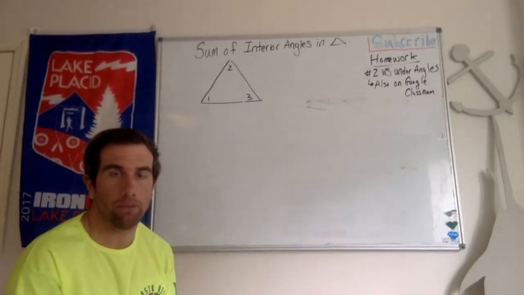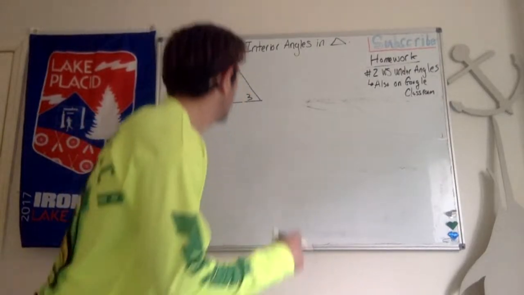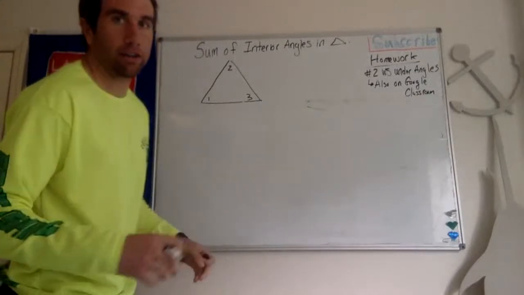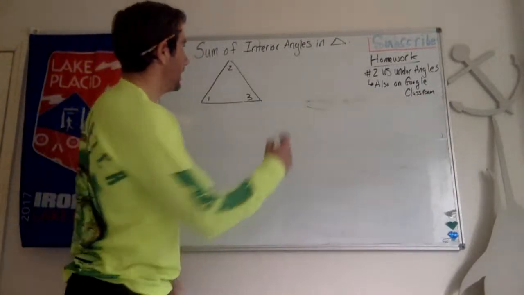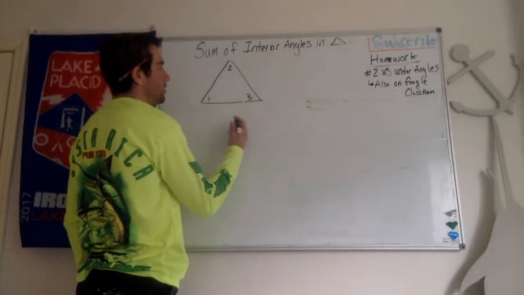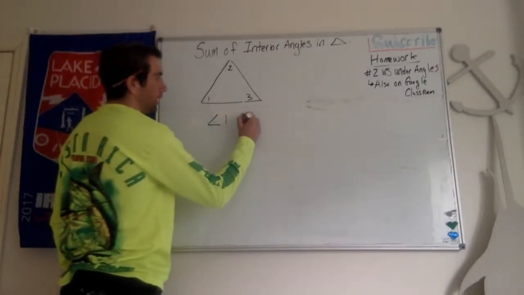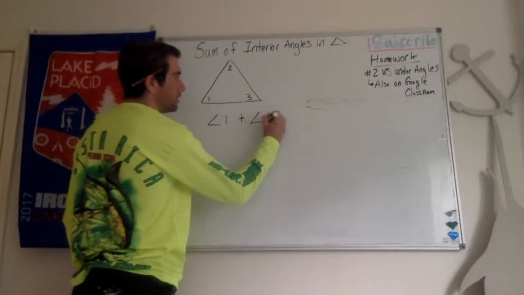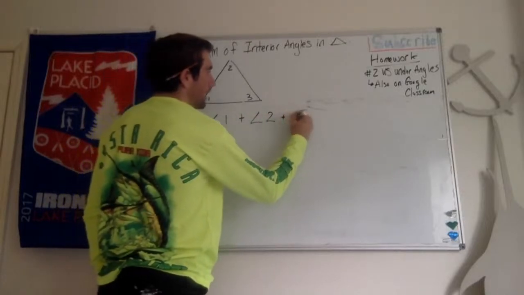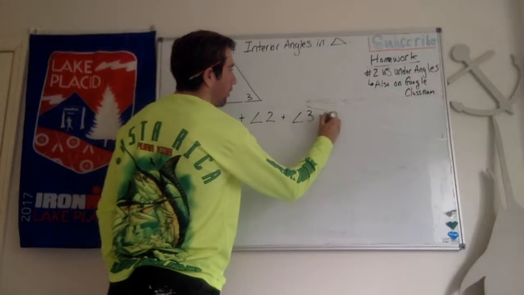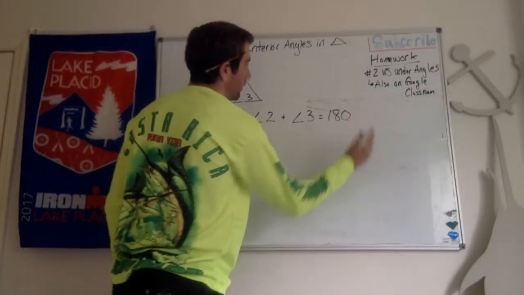So there is a theorem, that's what they call it, the triangle theorem of interior angles, and it's pretty simple. It's written like this. You have angle 1 plus angle 2 plus angle 3 will always equal 180. That's it.